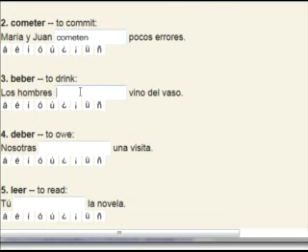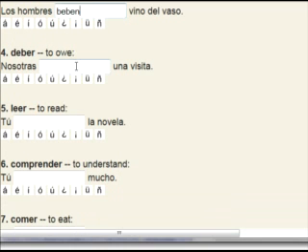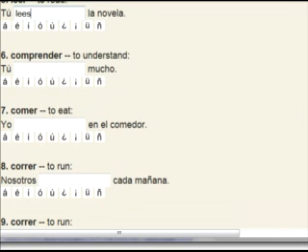Los hombres, the guys, beben vino del vaso, drink wine from the glass. Nosotras, girls, we, using that form, debemos una visita. And again, hopefully you're pausing me before you're just listening to me give this. Tú lees la novela, you read the novel.